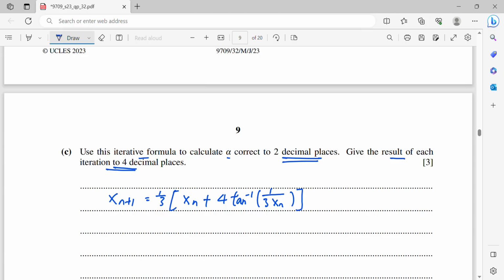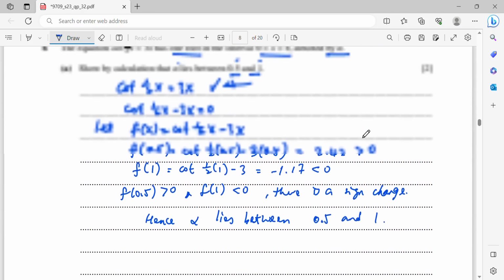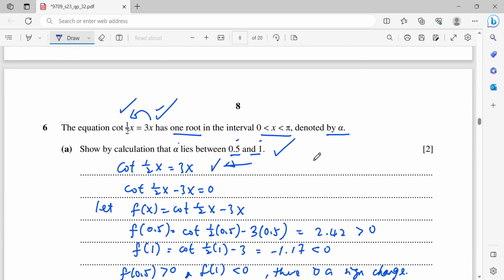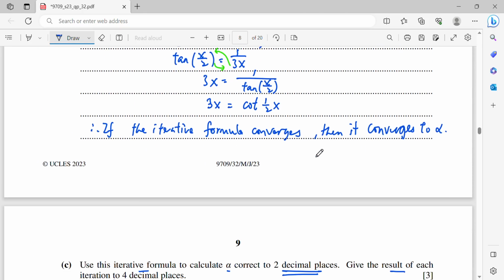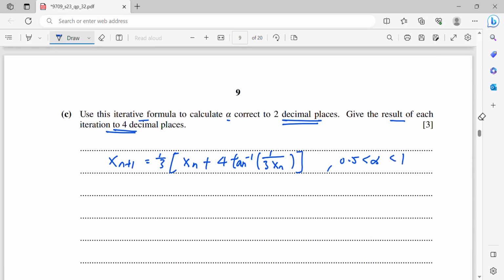Your alpha just now lies between 0.5 and 1, so your initial x value can be any value between 0.5 and 1, or you can just take 0.5 or 1. It's up to you. I will let my x naught, the initial x, be the middle value, which is 0.75.